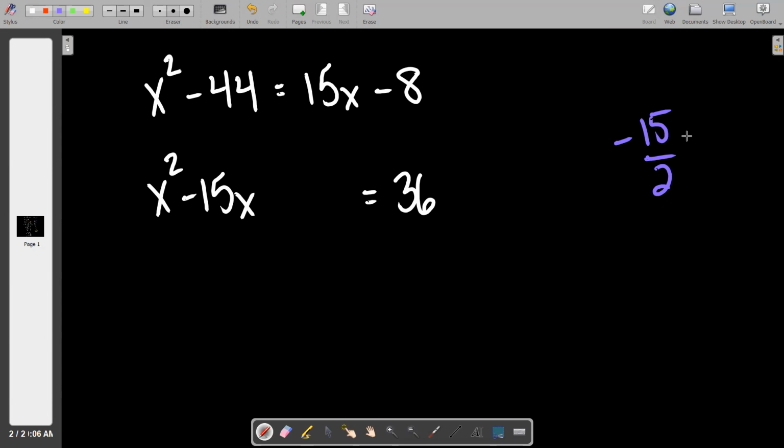And that's important because when we do our factoring step, we don't want to botch the sign. So I'm going to take this negative 15 over 2, and I'm now going to square it. What am I going to get? It's definitely not negative. Square, not times 2. 225 over 4, correct. So we're going to add 225 fourths to both sides.